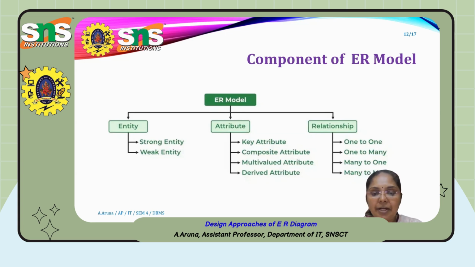And in attributes, we have different types of attributes. A normal attribute, a key attribute, and a composite attribute. A composite attribute is one made up of certain component parts.